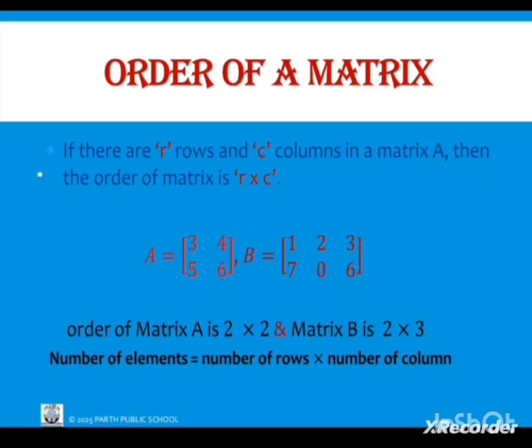By multiplying the number of rows and the number of columns, we get the number of elements. Matrix A has 4 elements because the order is 2 into 2. In matrix B, the total number of elements is 6 because the order is 2 into 3.